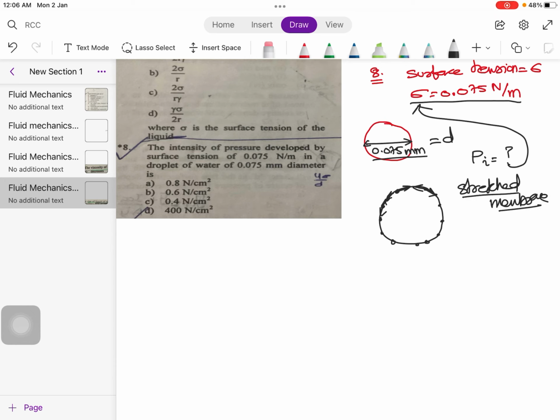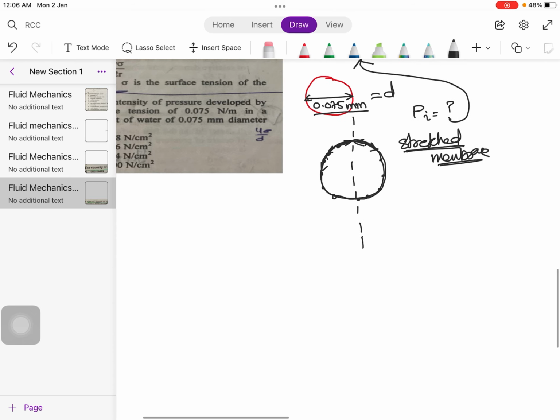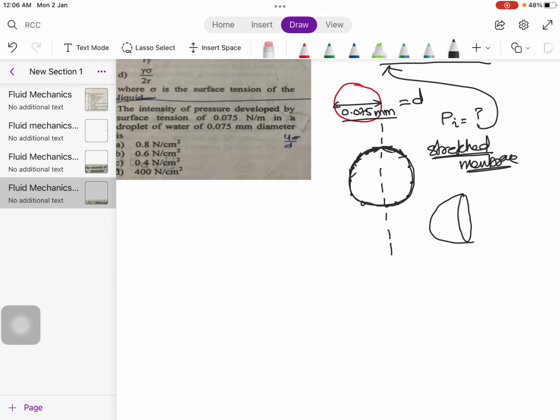That is, the surface of the water droplet acts like a stretched membrane. Now, for the purpose of understanding, if we dissect this droplet of water into two, to understand the interplay of forces which are holding this droplet of water in this shape.